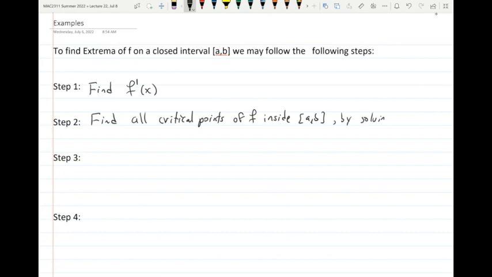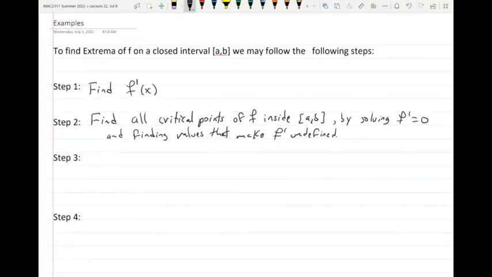Remember, by solving either f prime equal to 0 and finding values that make f prime undefined. Don't forget that critical points are those that make the derivative equal to 0 or undefined.